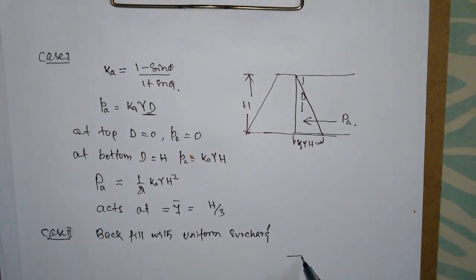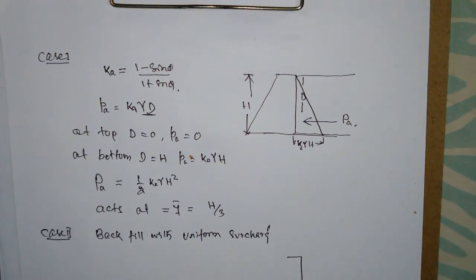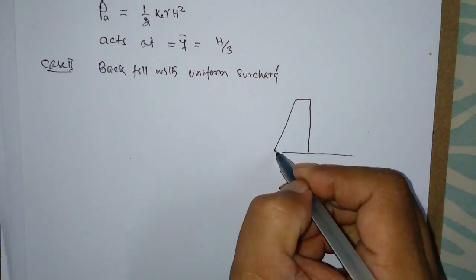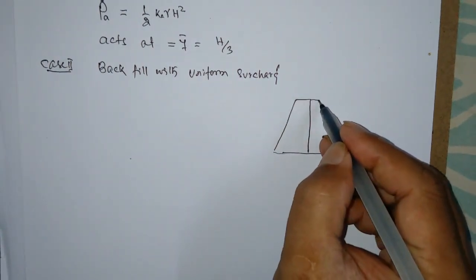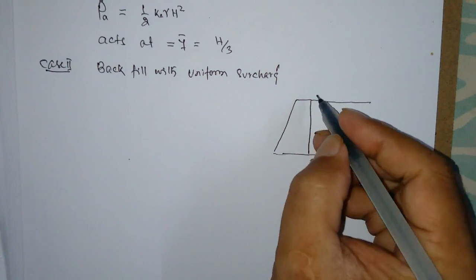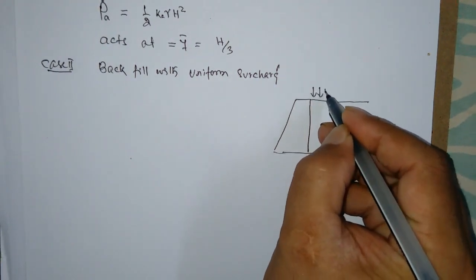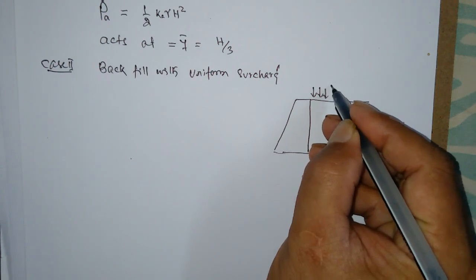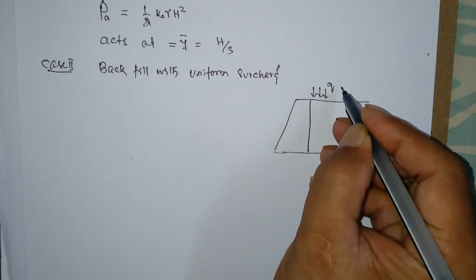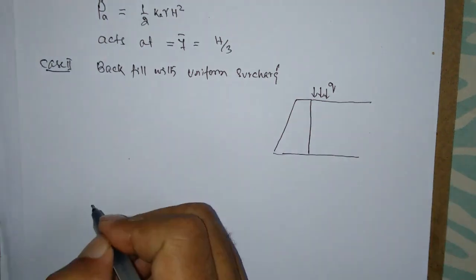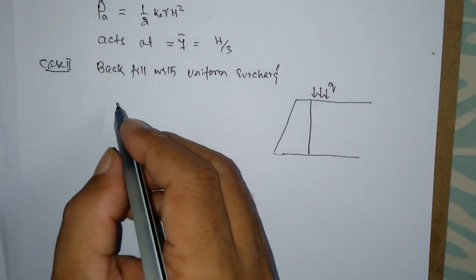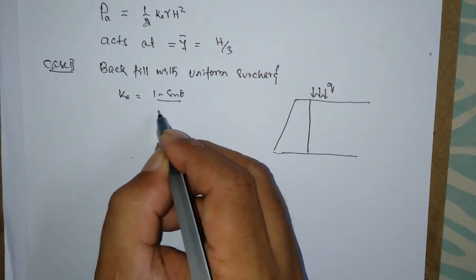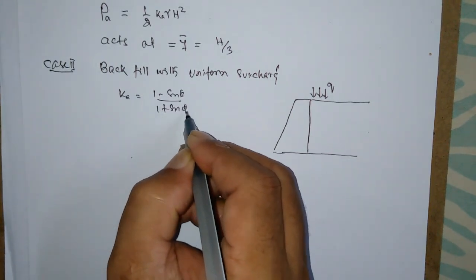So the diagram will be a vertical wall as it was, horizontal backfill, but it carries a uniform surcharge of intensity, say Q kilonewton per meter square. Now the Ka will be as usual 1 minus sine phi by 1 plus sine phi.